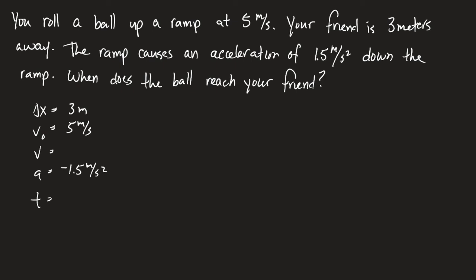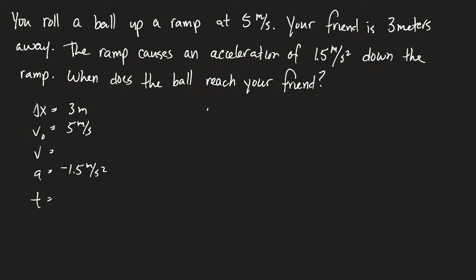Now, I want you to find out when the ball makes it to your friend. If you've done this correctly, you know why it's tricky. Let's assume you don't find the final velocity, and I'd encourage you not to for a moment.